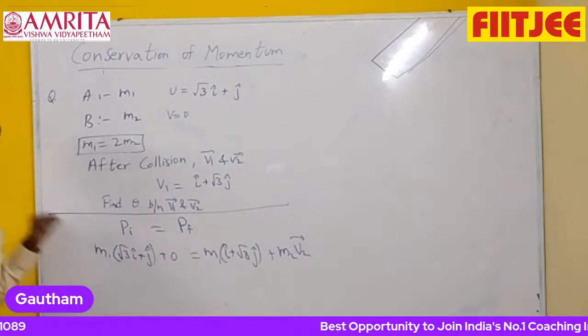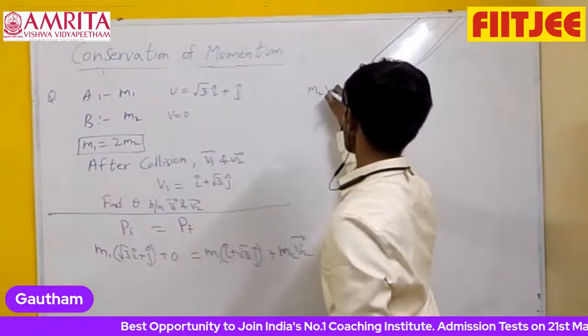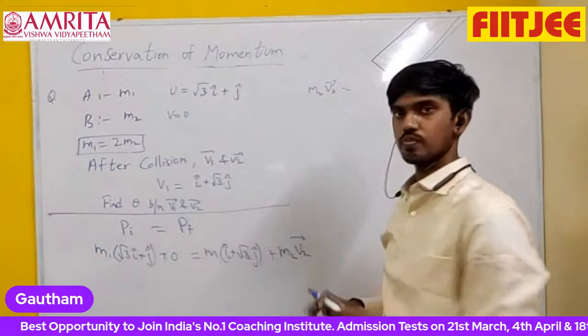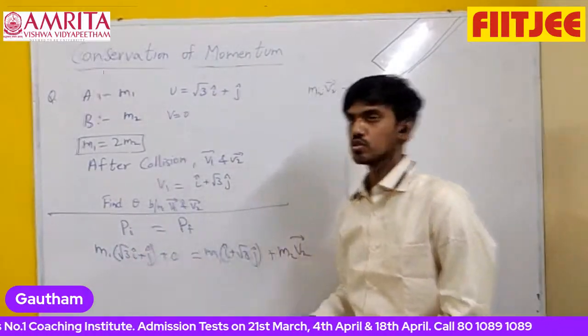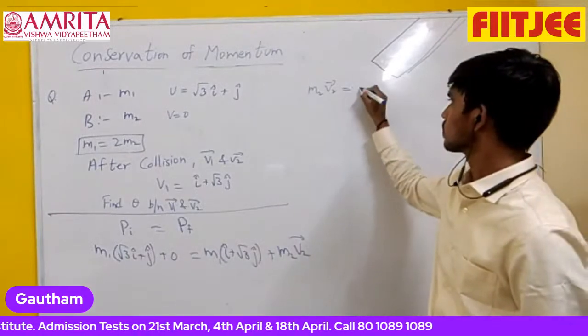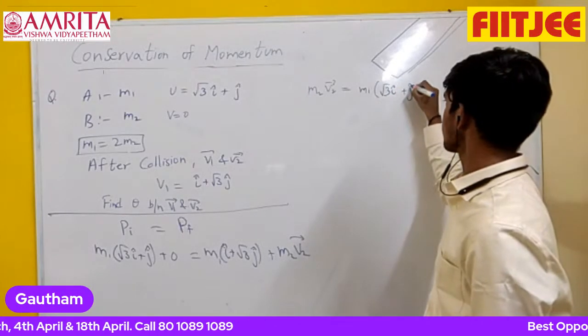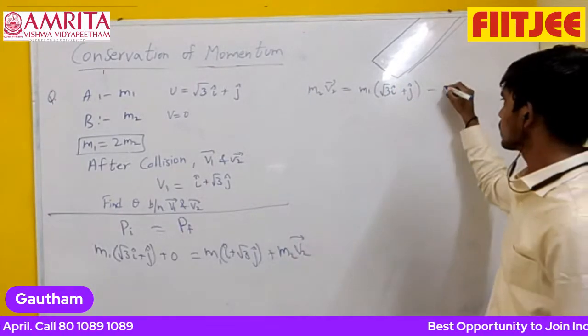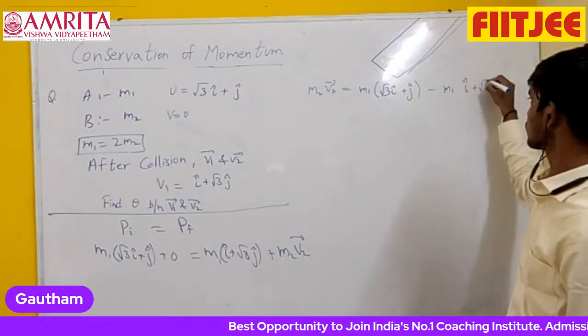We have brought these terms to this side. So m2 v2 vector is equal to m1 into this, and when it goes to the other side it becomes minus. So m1 into root 3 i cap plus j cap, minus m1 into i cap plus root 3 j cap.